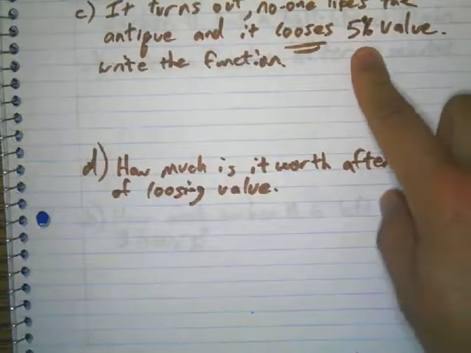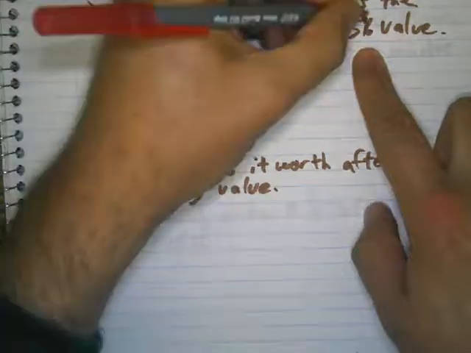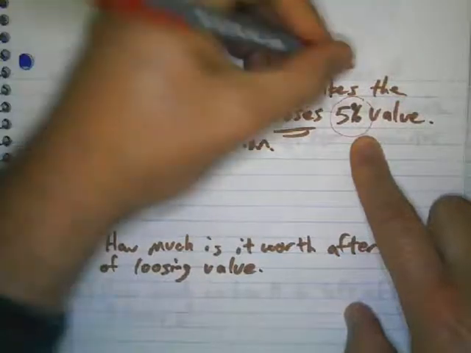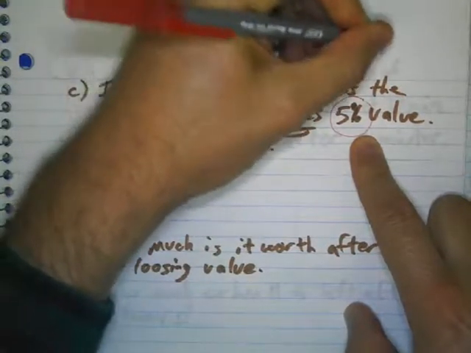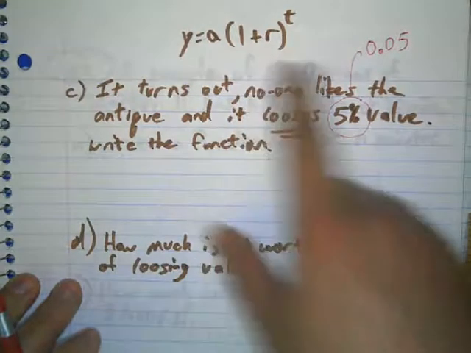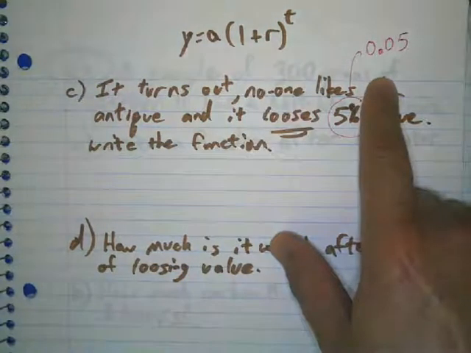Now, if it's decreasing in value, then we're going to subtract this percentage. Now, remember, how do I write 5% as a decimal? We write it as 0.05, and using this equation, we're going to subtract 0.05 because it's decreasing in value.